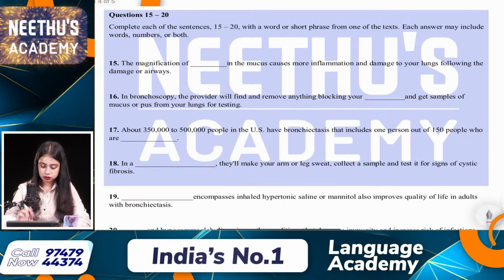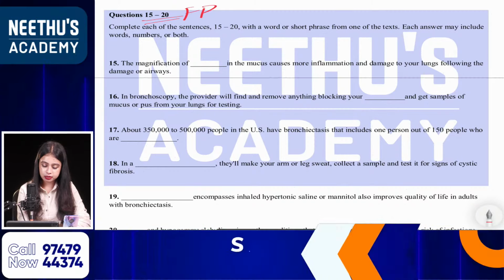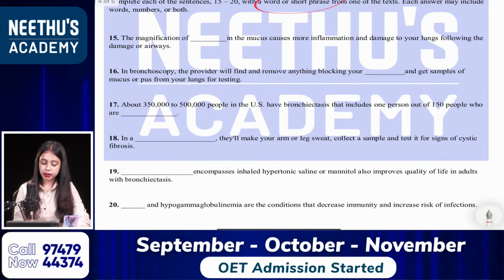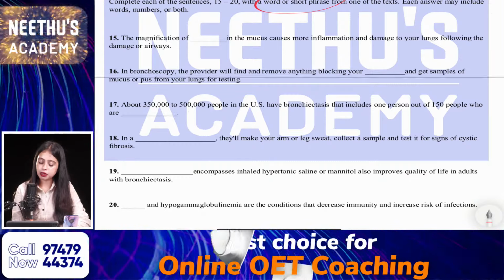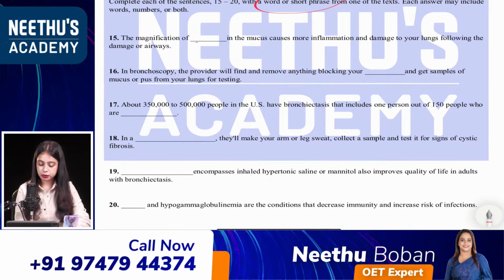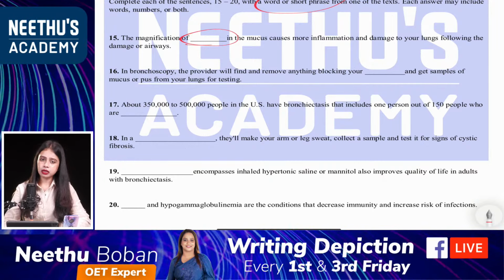So now we are jumping to 15 to 20, which is fill in the blanks. Okay, so answer in a word or a short phrase. So the 15th one: magnification of dash in the mucus causes more inflammation and damage to your lungs following the damage or airways. So magnification of what? Any idea?